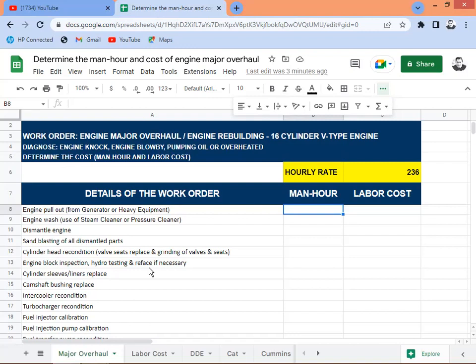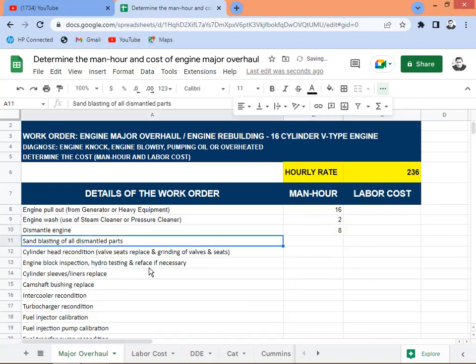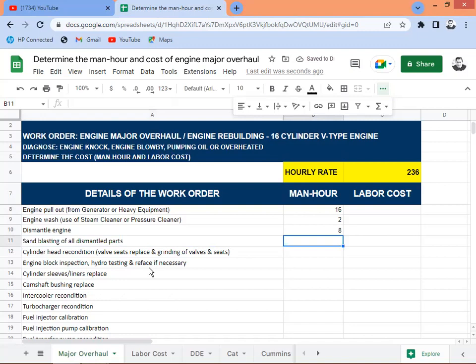So, engine pull out, I would say that would be 16 hours. Let's make it fast. Engine washing, you need 2 hours for this. Dismantling of the engine, you need 8 hours for this. And then the sandblasting. Some companies are buying a sandblaster.